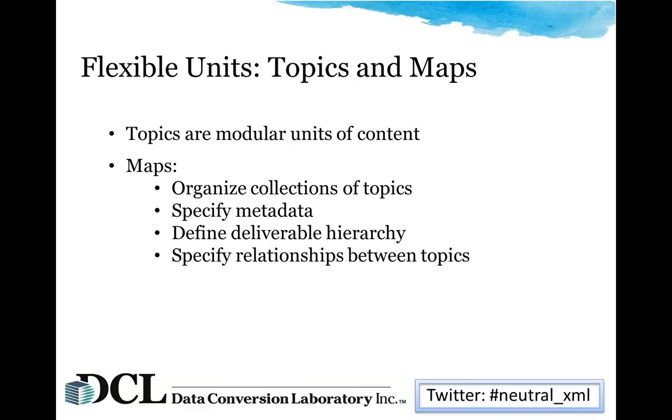For flashcards, each card would be a separate topic. And for glossaries, each term and all its associated information would be defined as a single topic. Now, you might be thinking, wow, when I have a list of glossary items in a book, all I have is the term and definition. I don't want all the other information that might be there, such as pronunciation, usage, if there's a picture, the part of speech.